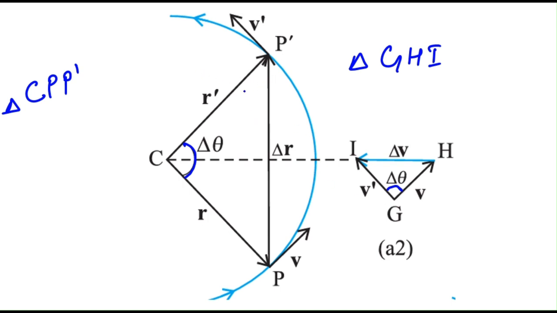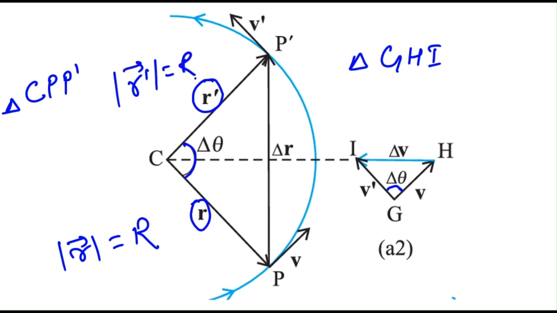Now coming to the next. This is r prime and this is r. These two are position vectors, but their magnitude is nothing but the radius of this circular track. So the magnitude of vector r should be the radius of the circle, and the magnitude of this r prime is also the same radius of the circle. So if these two are equal, the angles in front of them should also be equal.